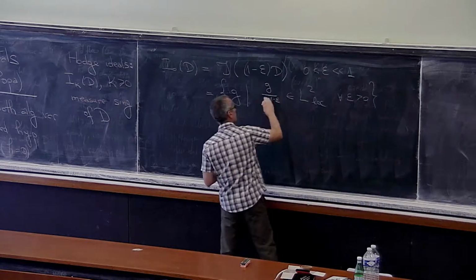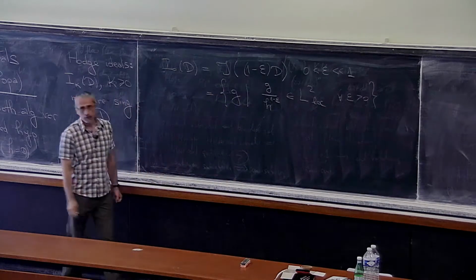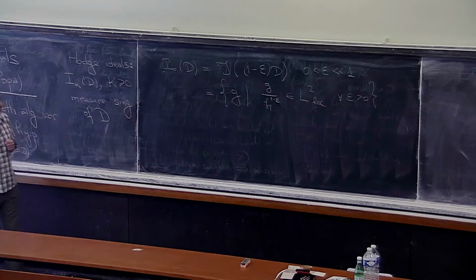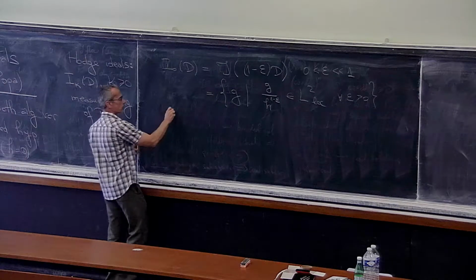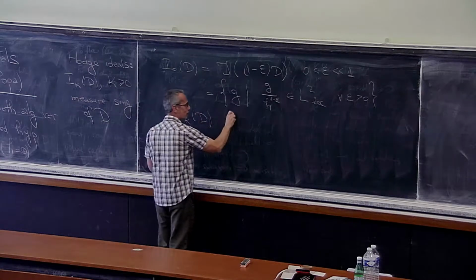Yes, thank you, that's right. I'll keep making this mistake. All right, so this is the 0th one. I want to think of the higher ones as some sort of higher order multiplier ideals, if you want.